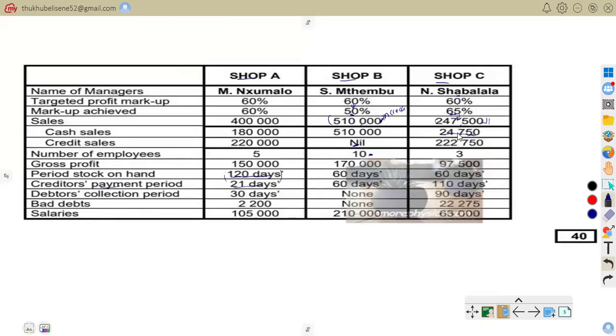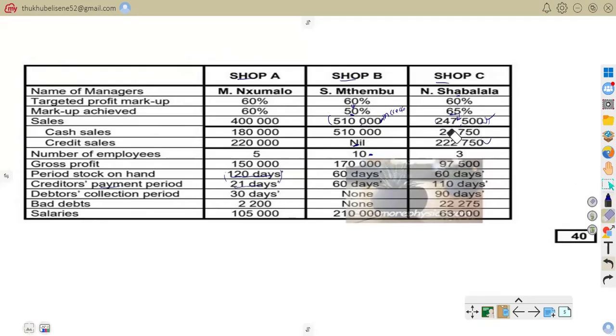They also give too much credit sales. That is a problem that you are identifying.